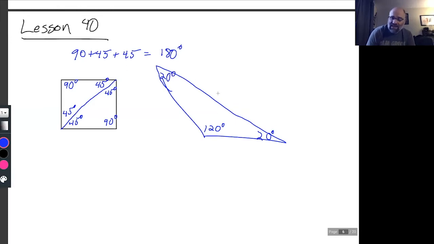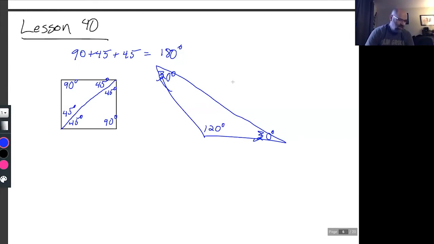No, that doesn't add up. Let's say that was 30. So if those are 30-degree angles, then 120 plus 30 plus 30 is 180. Okay? So it doesn't matter what triangle it is, all the angles always add up to 180.